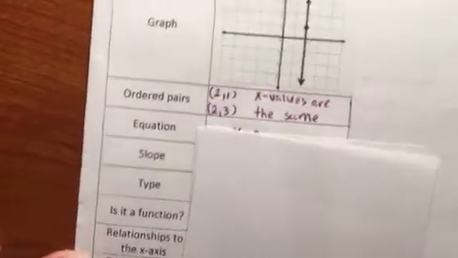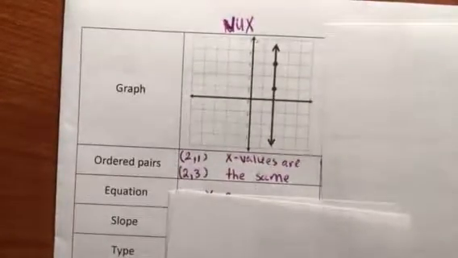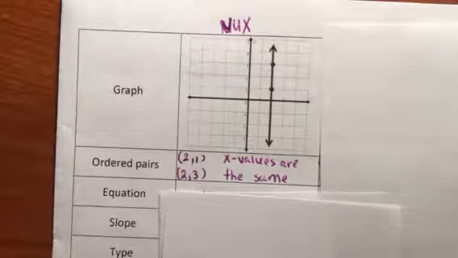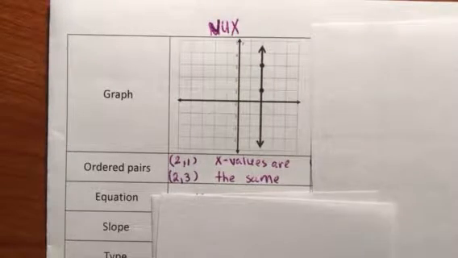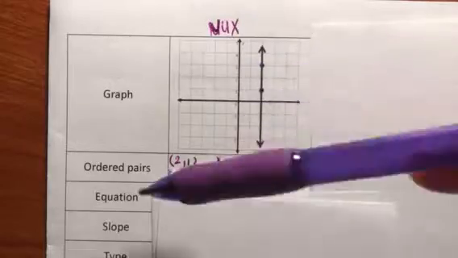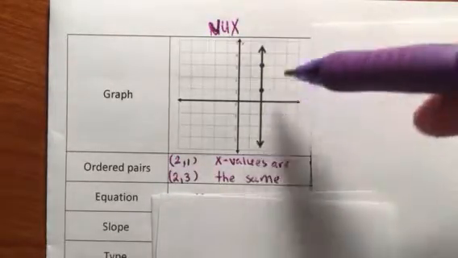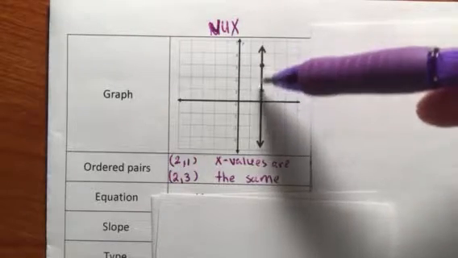So on this next part, I kind of filled it out already, but we're going to talk about it as we go. So if you look, we know that this is a vertical line, so we need the VUXe. So we have two, you could pick any points on here. There's multiple points, but I chose the two that were already on the line.